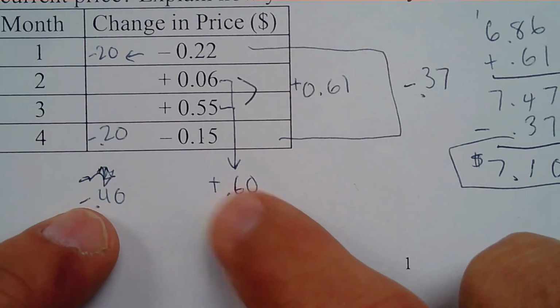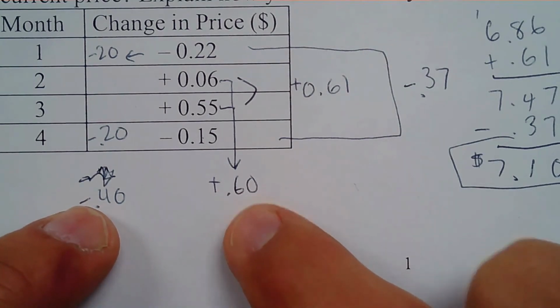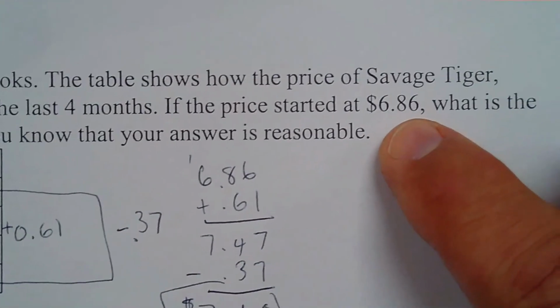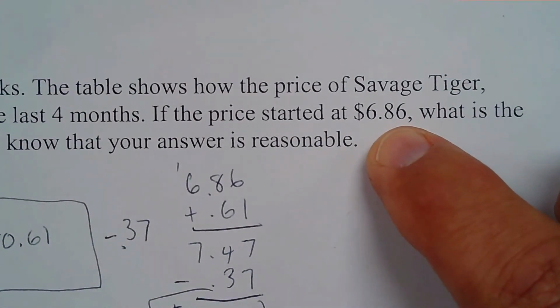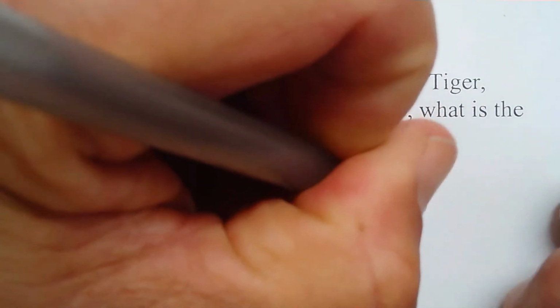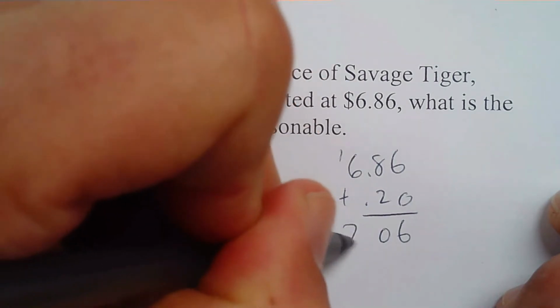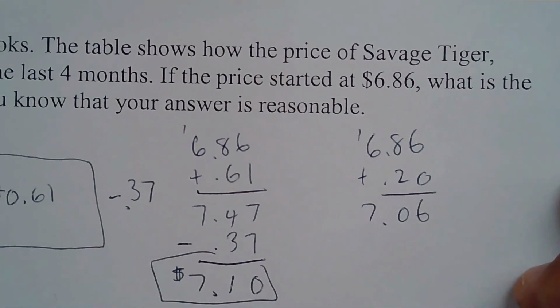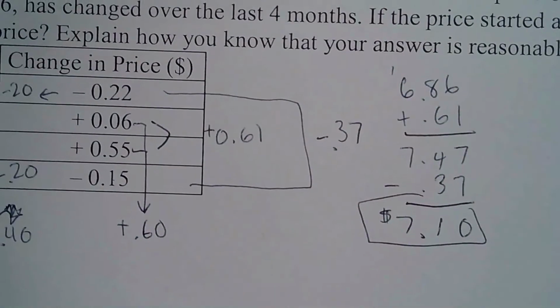So just by eyeballing that, about 20 cents, and 20 cents added to 6.86. So 6.86 plus 0.20 is about 7.06.